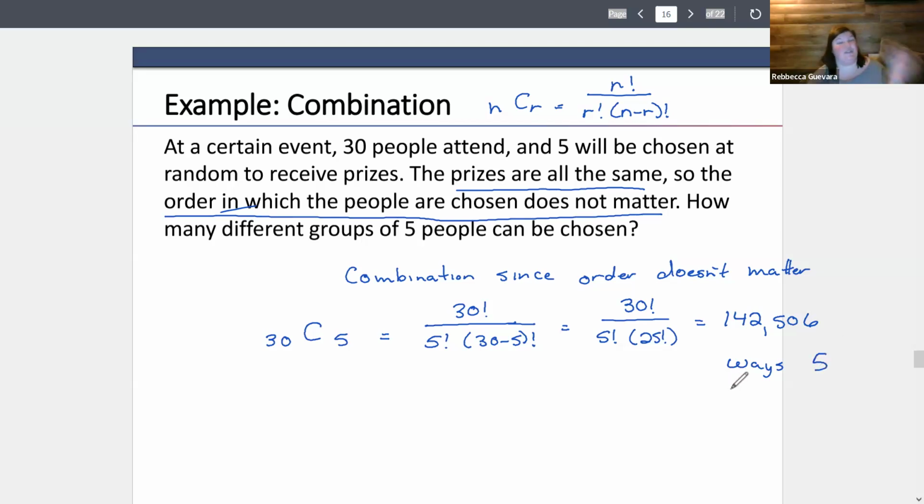So remember, this is just the number of ways 5 people can win. It doesn't matter the order in which they won, that all counts as one group.